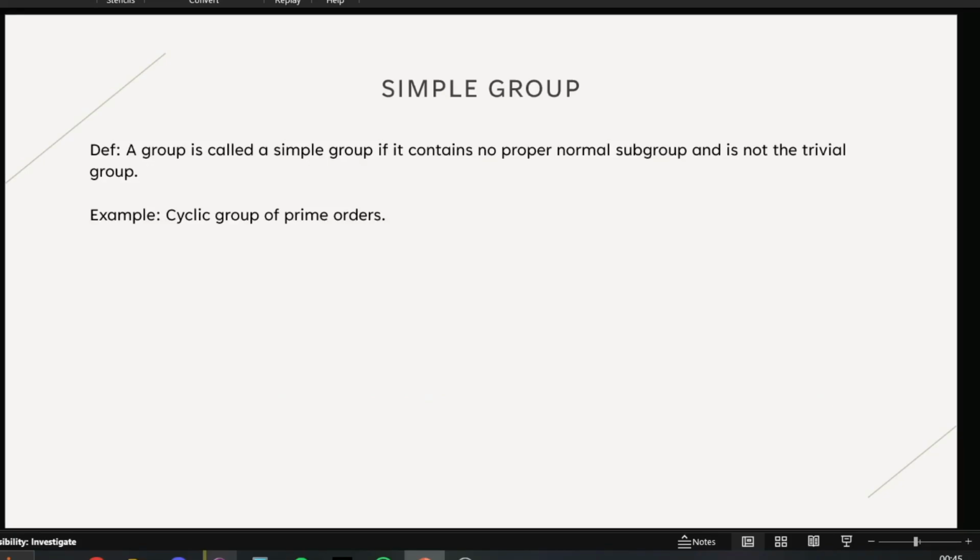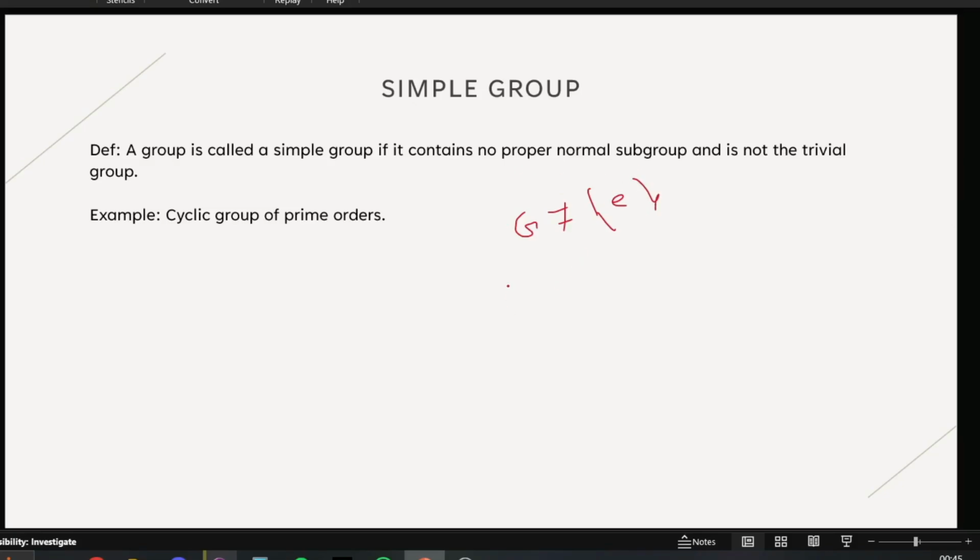Next we have 2 small rules. First we have a definition. A group is called a simple group if it is not a trivial group, so G should not be the identity, and G contains no other proper normal subgroup.